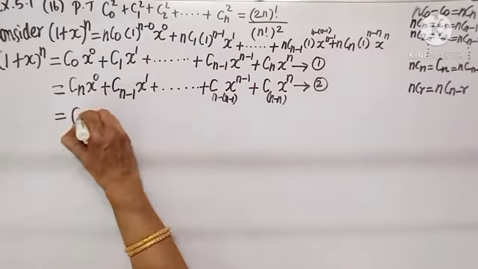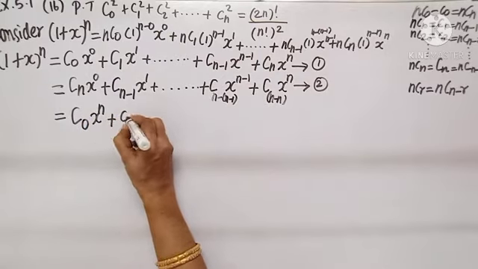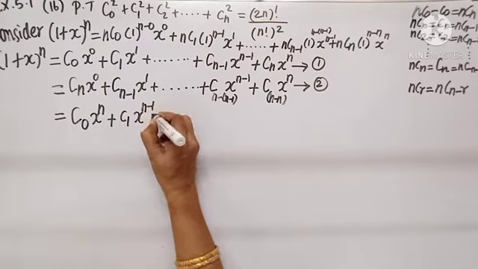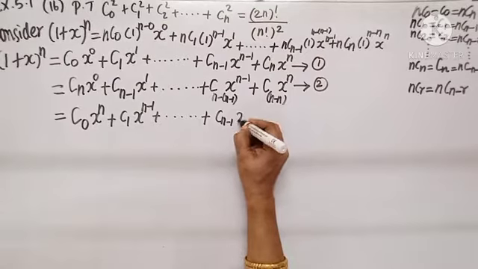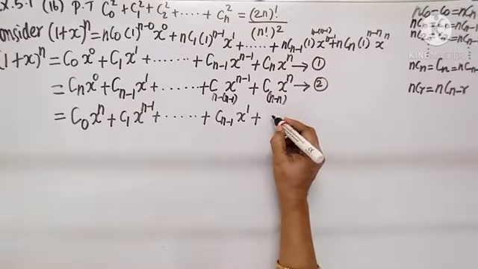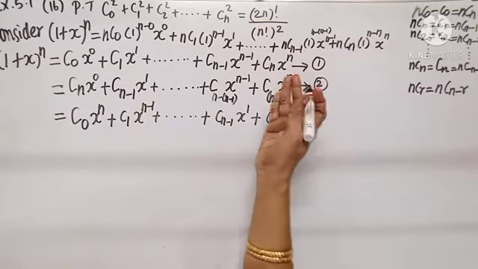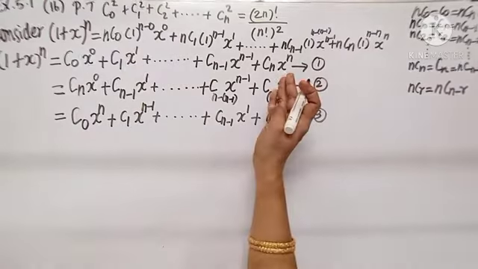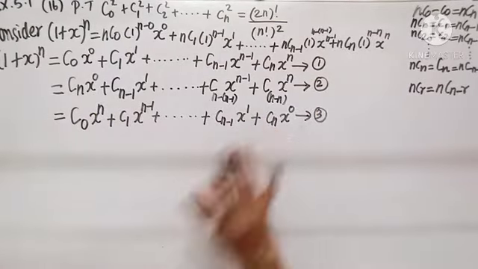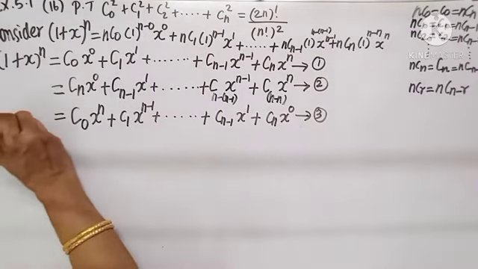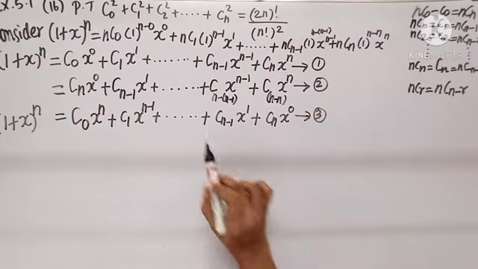So what I get? C0 x power n plus C1 x power n minus 1 and so on, C(n minus 1) x power 1 plus Cn x power 0. So I have just reversed the terms. This term I have written first, this term second, so this term will come last. This is also (1 plus x) the whole power n only. Call this number 3.